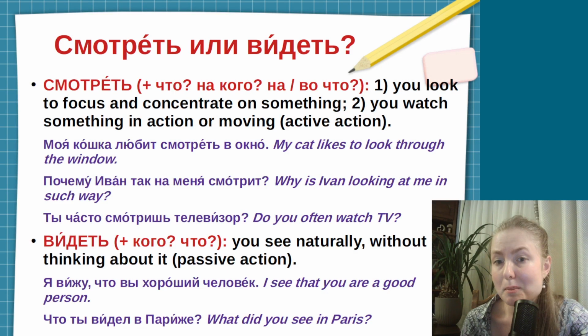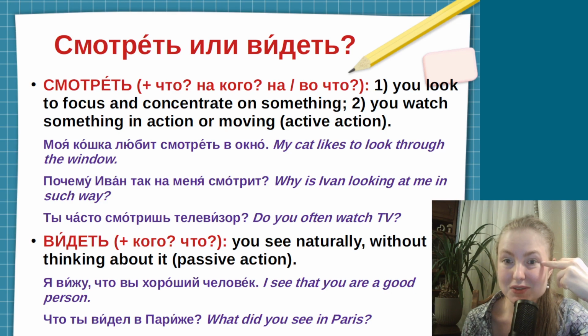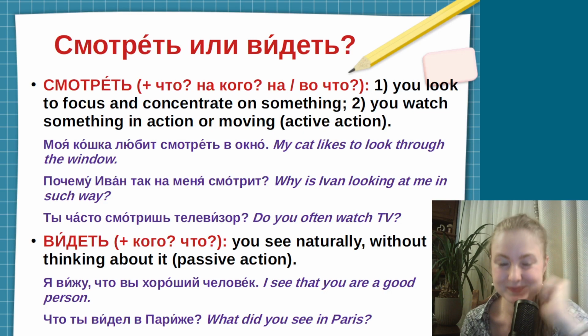So it's quite a passive action, of course. You don't concentrate on the object. You just use your eyes. If you don't use your eyes, you are blind. And of course, we use видеть all the time.